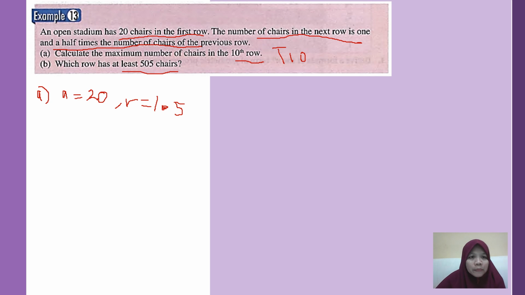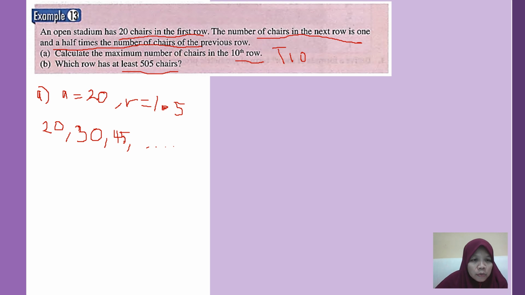Then we can write the progression like this: 20 for the first row, then the next row is 30 because 20 times 1.5 is 30, the third row is 45, the fourth row you just multiply by 1.5, and so on.